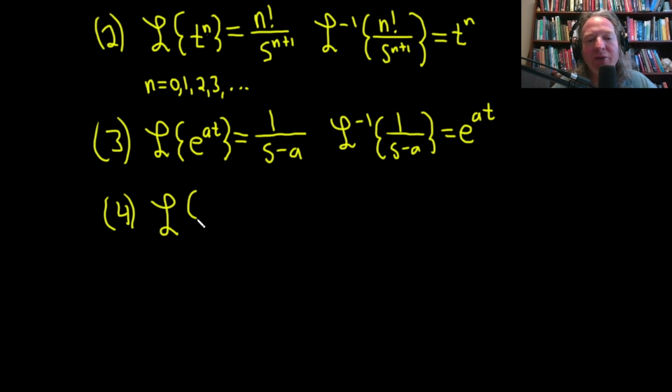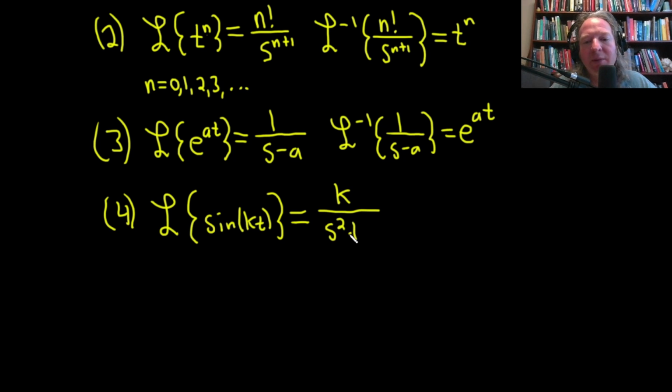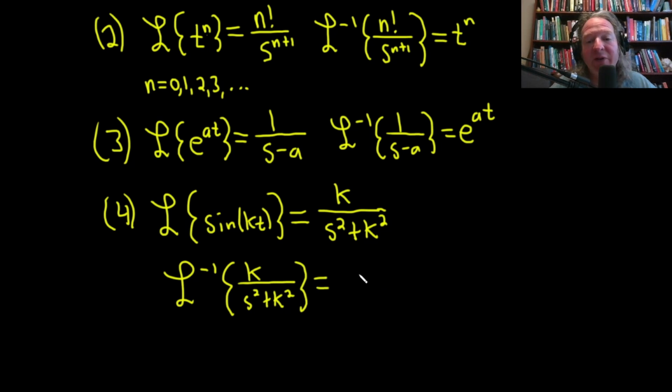So let's look at the Laplace transform of the sine of kt. The sine has the k, so this one is k over s squared plus k squared. And then the inverse Laplace here, I'm going to write it below to make sure you can see it. The inverse Laplace of k over s squared plus k squared is just going to give us sine kt.